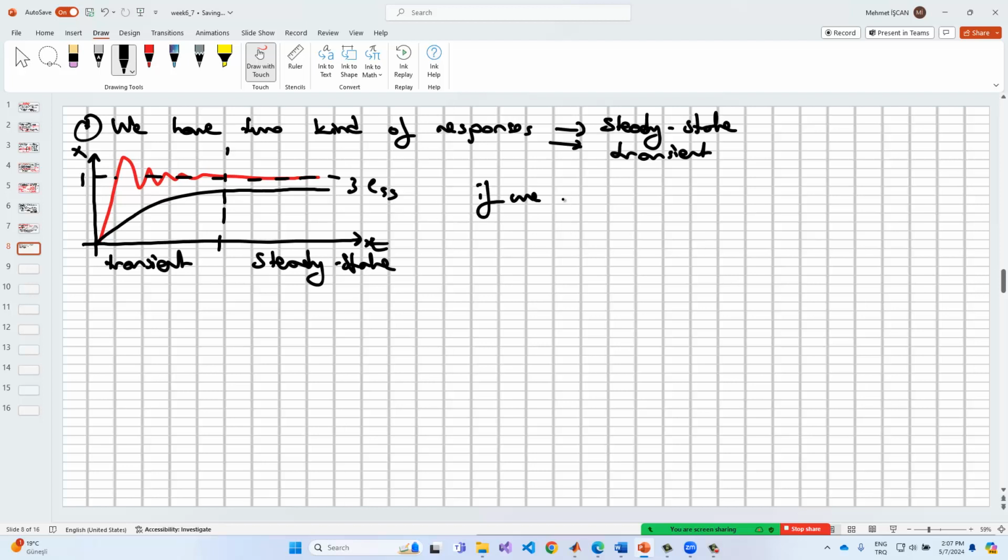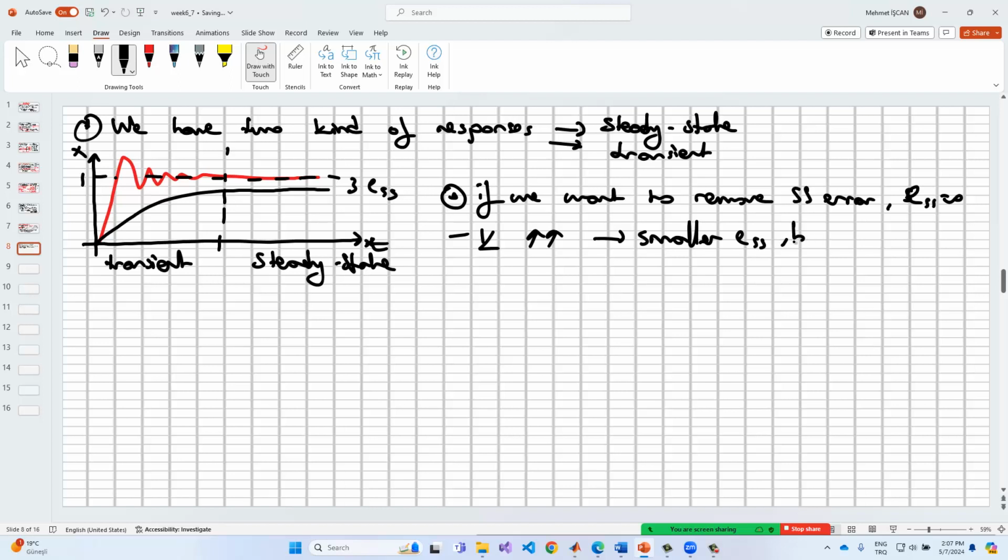if we want to remove the steady state error, or ESS is equal to 0, we must choose the K high, okay? And so this yields us to what? The smaller ESS. But just like this one, the overshoot increases and the TS also increases.